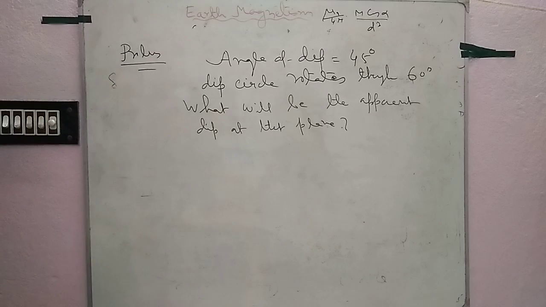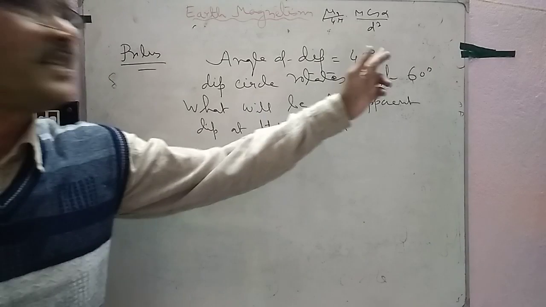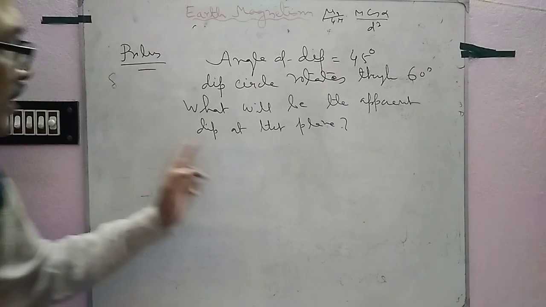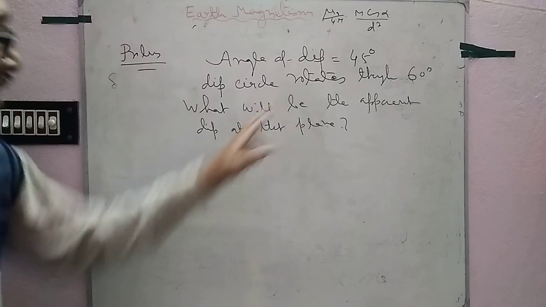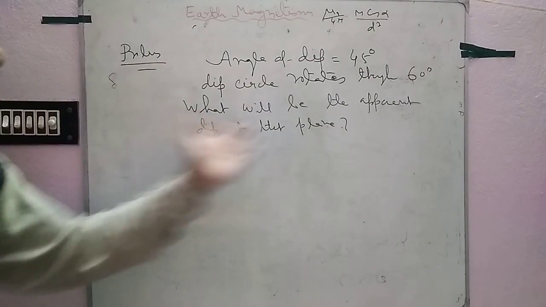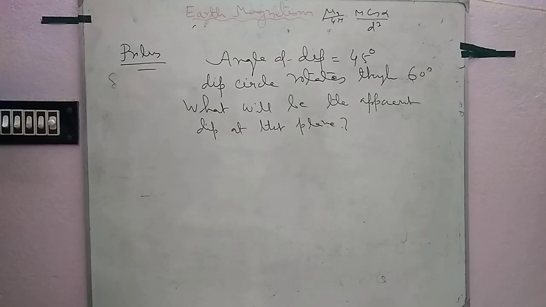What is the problem? Angle of dip at a place is 45 degree. If the dip circle rotates through 60 degree, what will be the apparent angle of dip at that plane? Which plane rotates through the 60 degree. Clear?